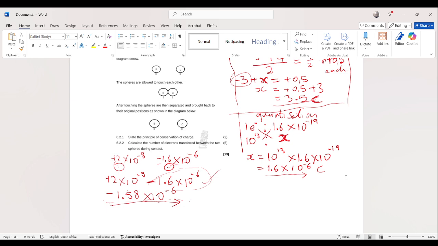When a positive and a positive react with each other, they repel. That's what happens in electrostatics. However, the conservation of charge states that in an isolated system, charges can never be created or destroyed, but can be transferred from one object to another.